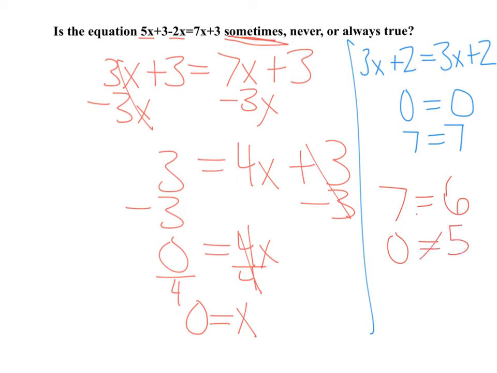Okay, that's not true. So if we simplify and end up with something like that, it's never true. And then for our case, we ended up with x is equal to a number. So this number makes my equation true, but there are also numbers that make it untrue. So that means that it is sometimes true.